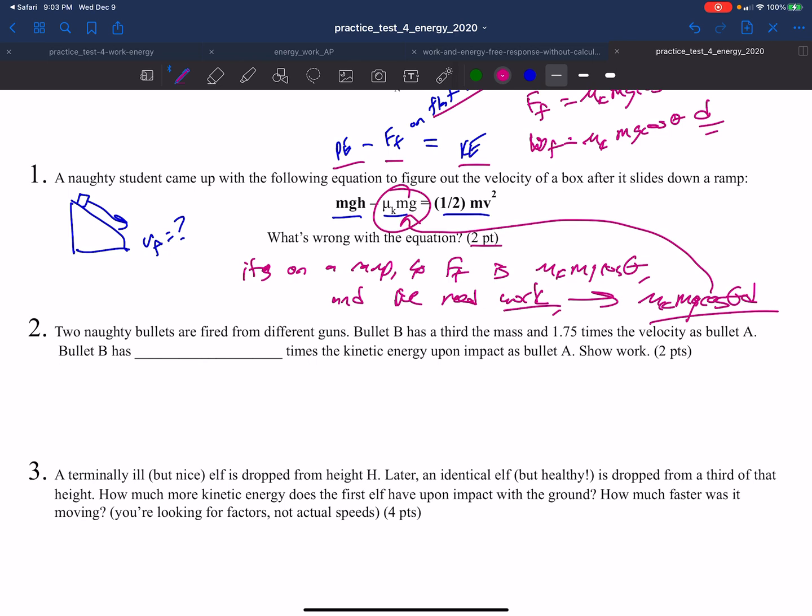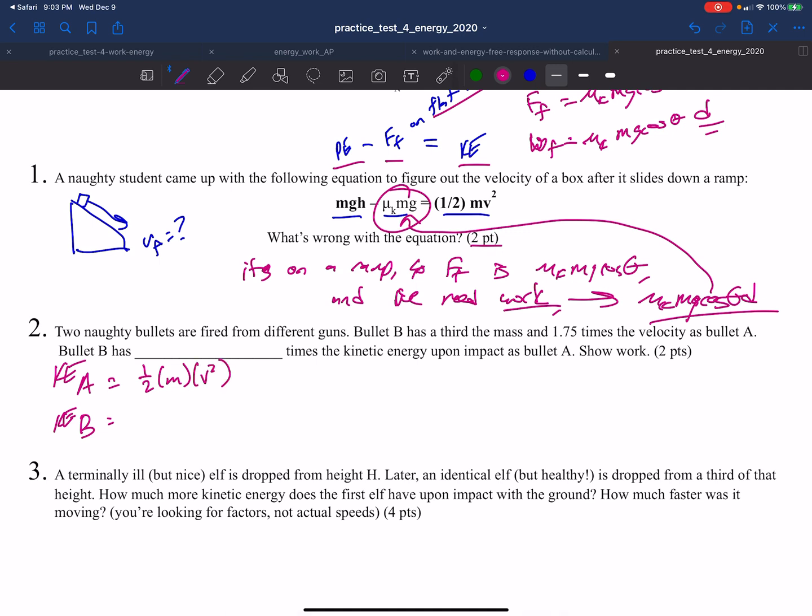So if we think of bullet A and bullet B, we'll say the KE of A and the KE of B. The KE of A is the thing that's not adjusted, because bullet B is always 1/3 of the mass and 1.75 times the velocity. So bullet A is the unadjusted one. That's just simply going to be 1/2 m times v squared.